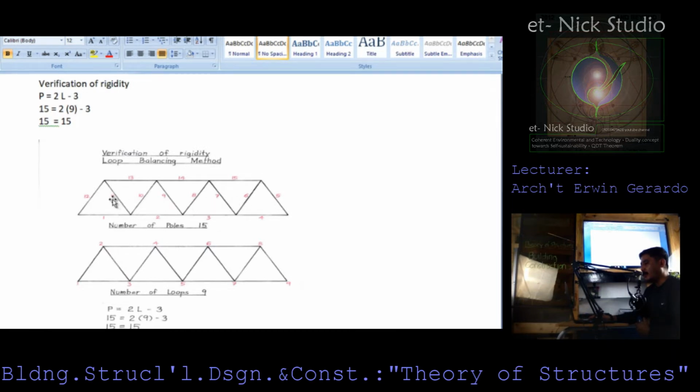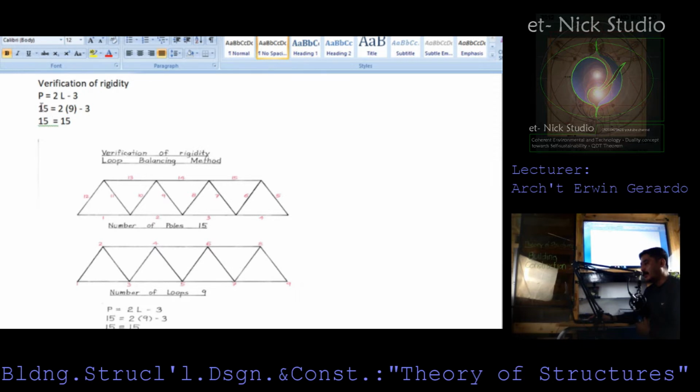the number of poles, which is equivalent to 15. Now, the number of loops is actually 9. So 1, 2, 3, 4, 5, 6, 7, 8, and 9. That is why we were able to designate L as 9.